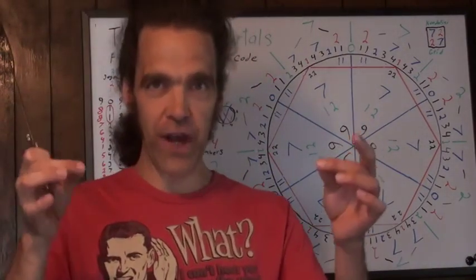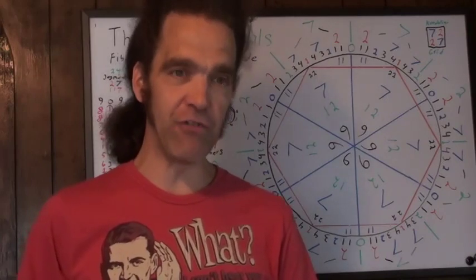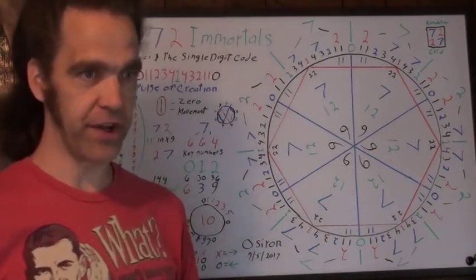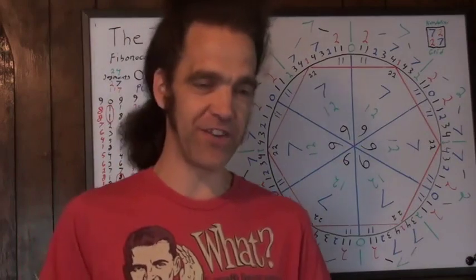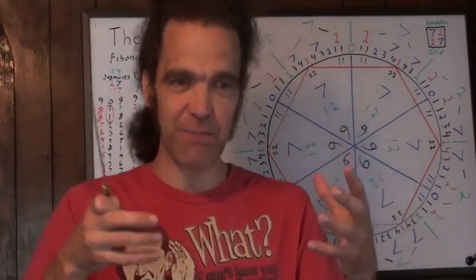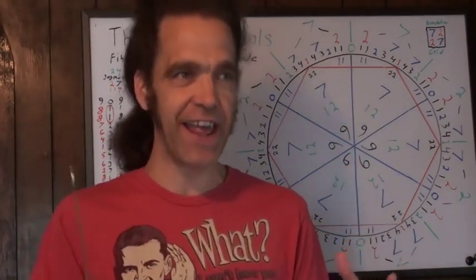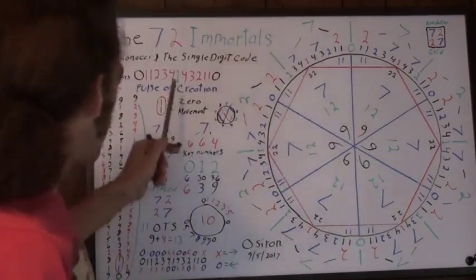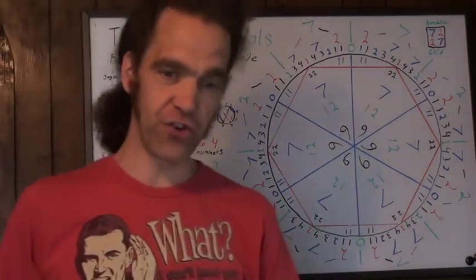I just had a little white piece of paper trying to explain this. As a matter of fact, I may remake that video using the board here, because it's still a powerful video, but I was just using a little white piece of paper with drawn ink figures on it. And this is where this pulse of creation code was first revealed to me.